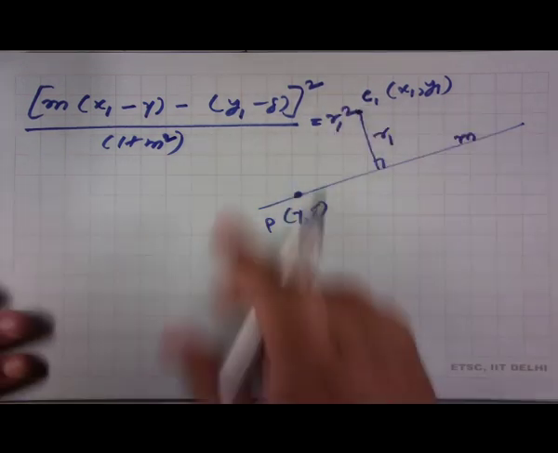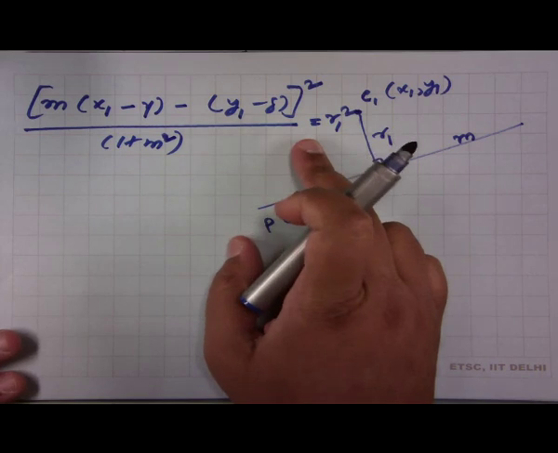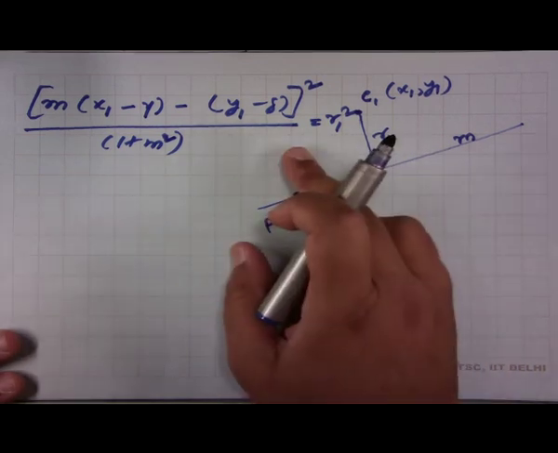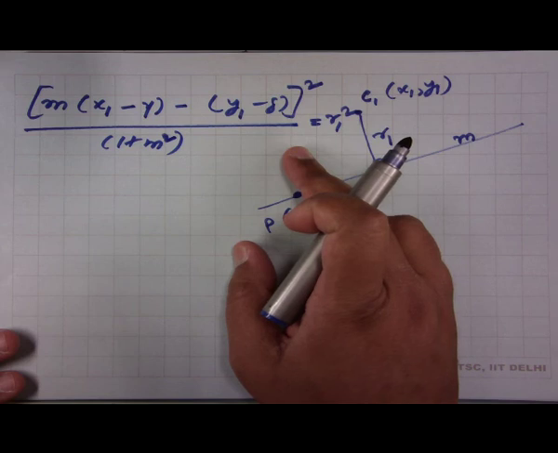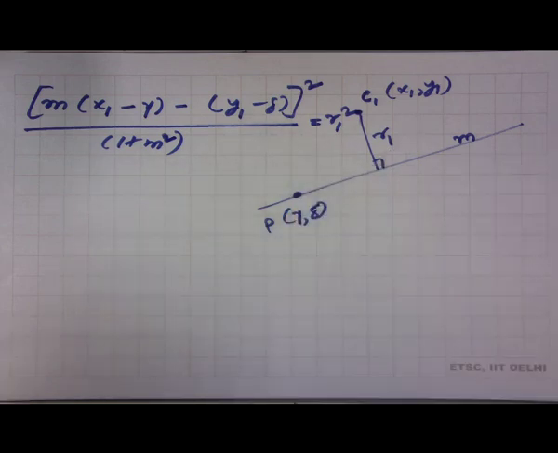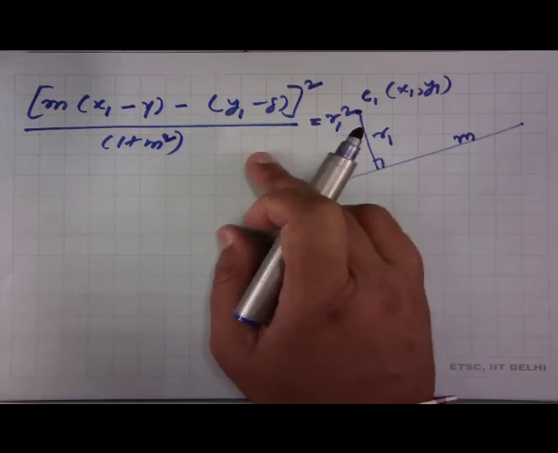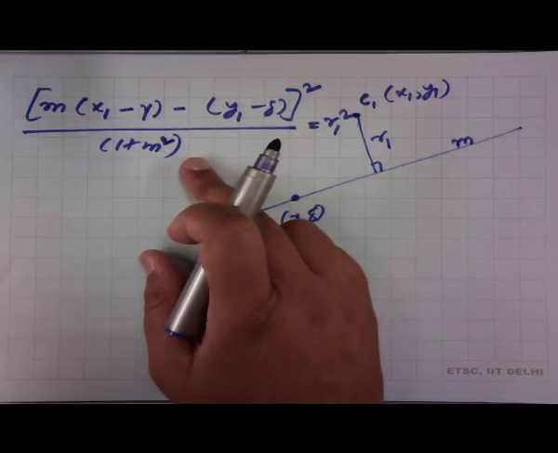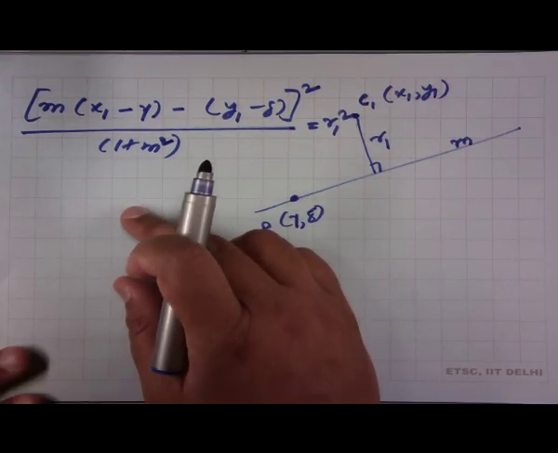And then similarly we get a similar equation for the second circle also. But just as we had shown in the previous lecture, even for this case we can show that the other equation is nothing but the same as this equation.